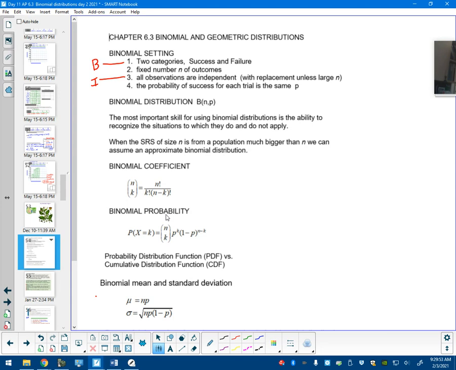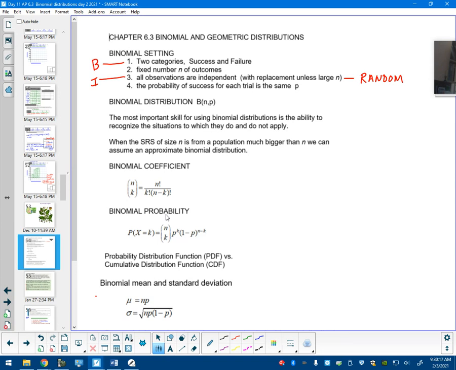And if you think too much about these situations, you can start being like, well, yeah, I don't know if that's really independent or not. Just try not to think too deeply and go with the prompt. One big giveaway is the word random. If you have random, then it's almost always independent.